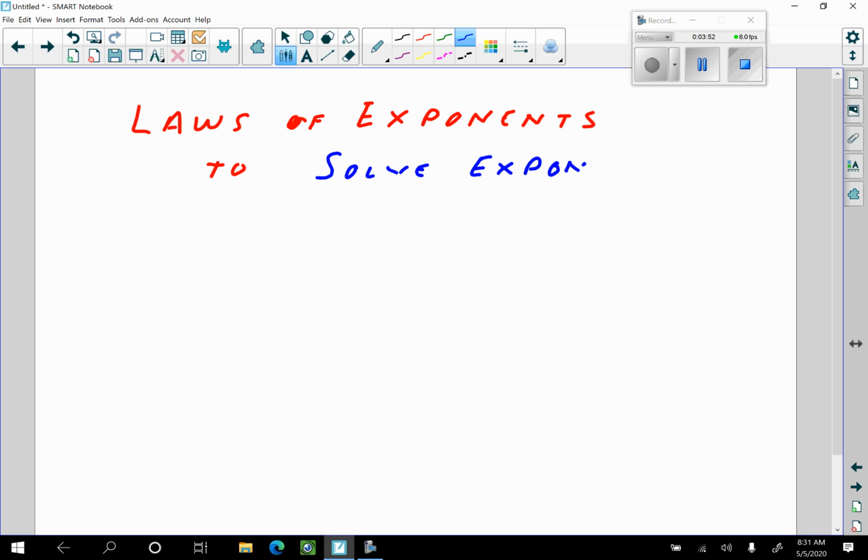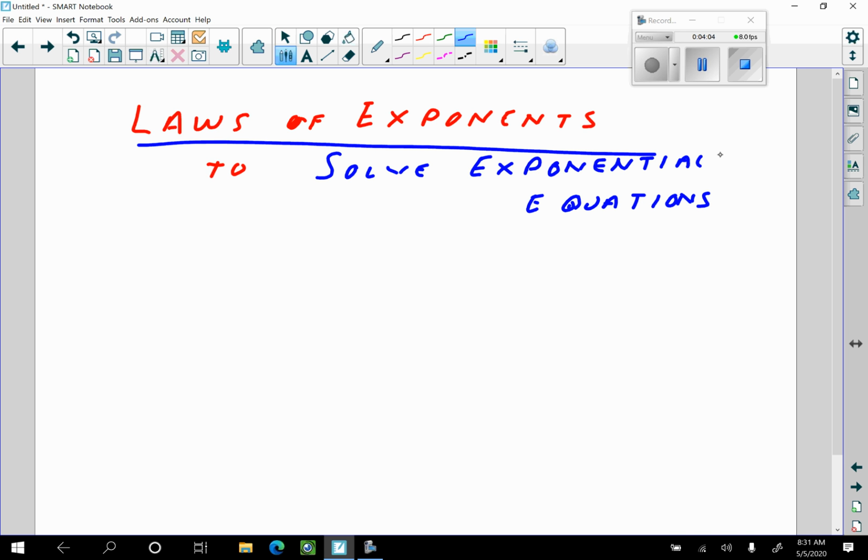So you're going to need to pull out your notes because we're going to use the laws of exponents today. All right? I'm just going to start going through some examples of exponential equations. This is going to be example 2. We already did example 1 back there.